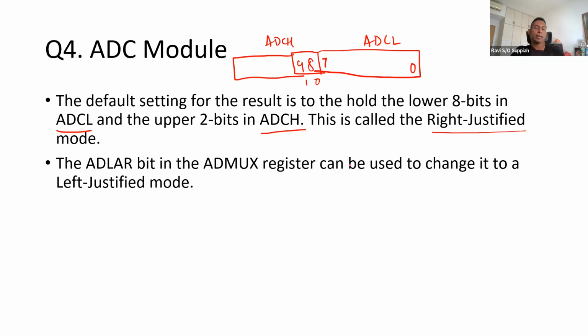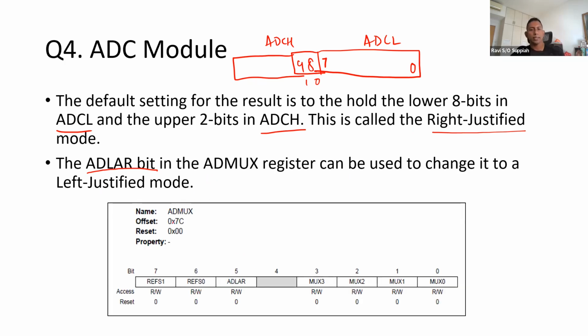In the controller there is actually an option where we can set this ADLAR bit to switch to a left justified mode. That is inside this ADMUX register, this bit over here. So what is left justified and what is right justified?